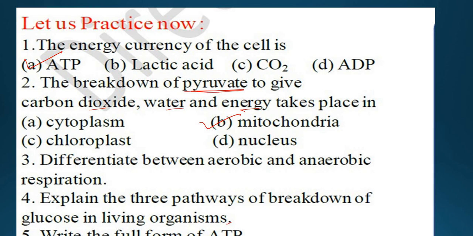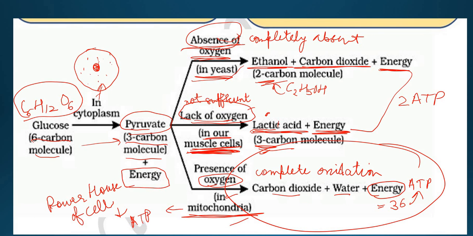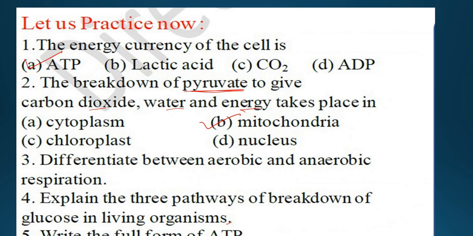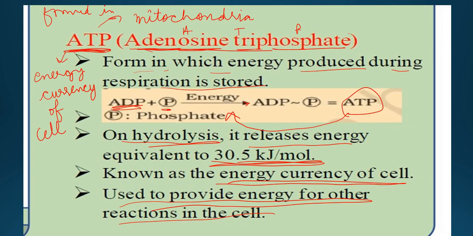You can again have this flow chart, and note answer number 4. This is answer number 4. You have to draw all of the flow chart here. And last question: what is the full form of ATP? It's adenosine triphosphate.